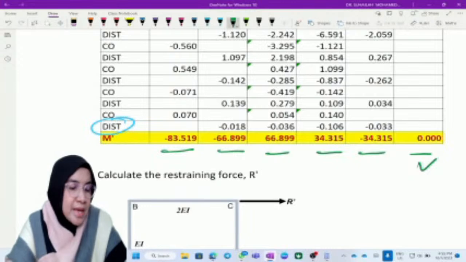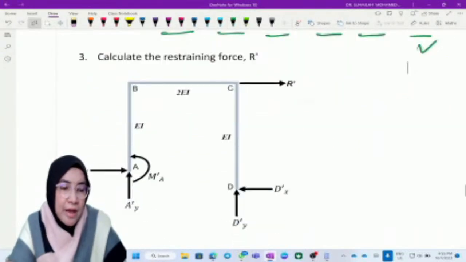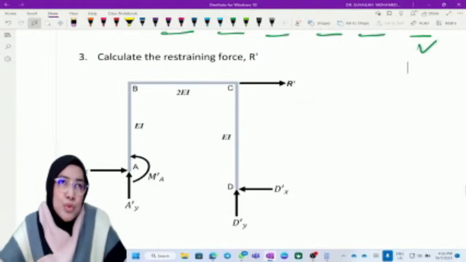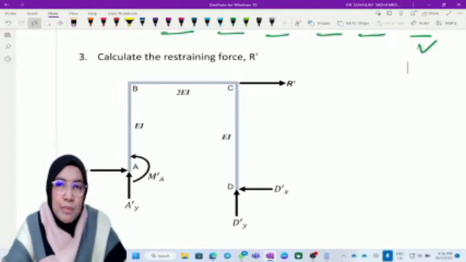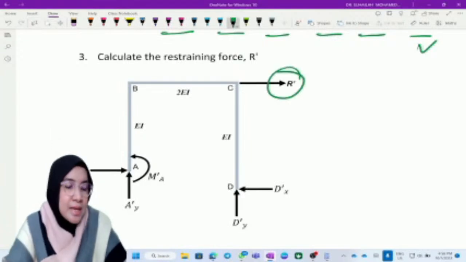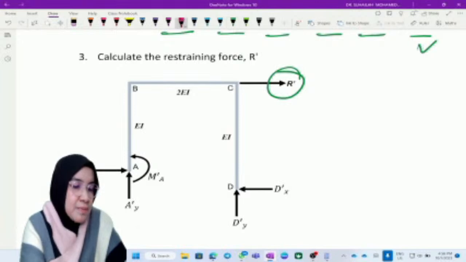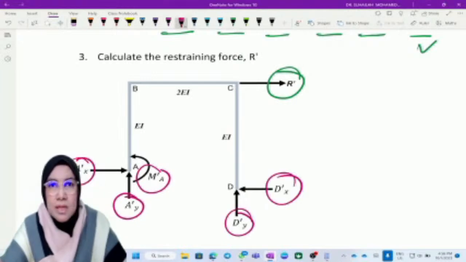This step is actually the same process as what we did to calculate the restraining force R. We just need to repeat. However, we have to draw the free body diagram for the sidesway frame based on R prime, and for the fixed support and pin support, we have to put in the reactions based on the support condition.